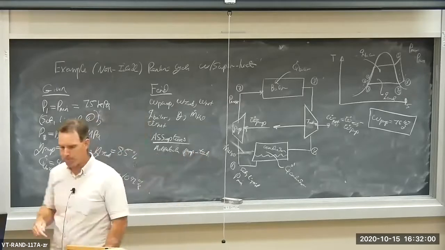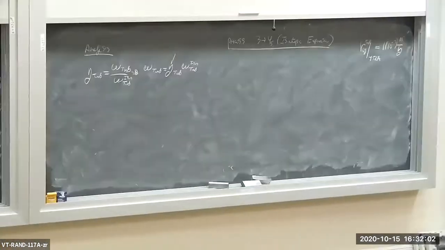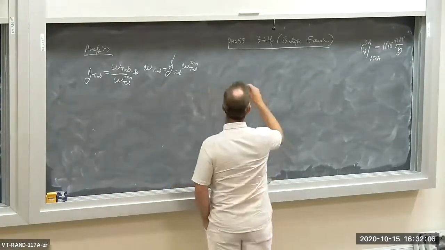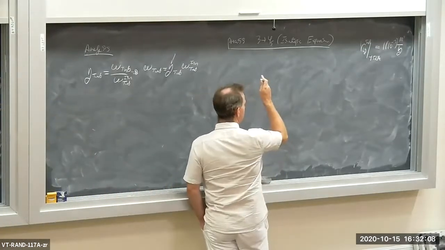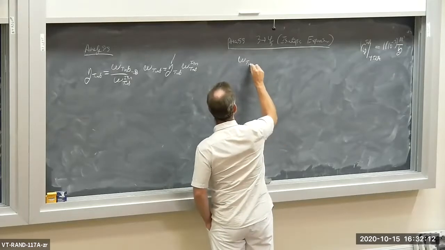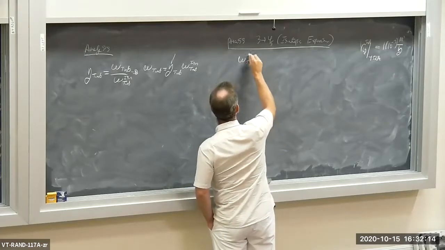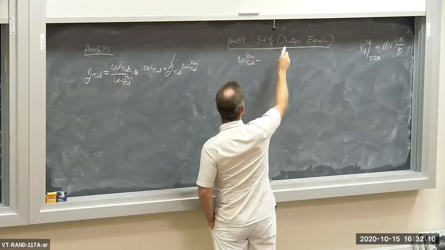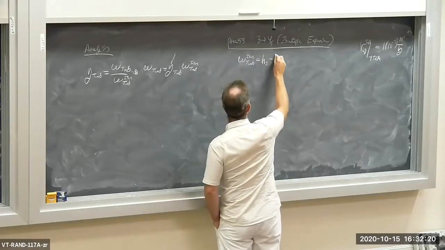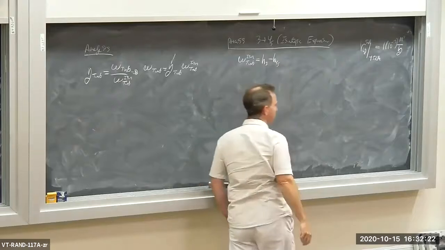Else, got to get the first law right. I'm going to factor out the mass flow rate, and I get W turbine, and this is for the isentropic turbine, is equal to H3 minus H4 sub S.